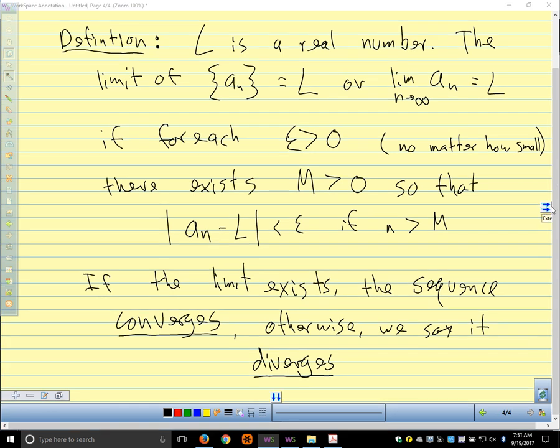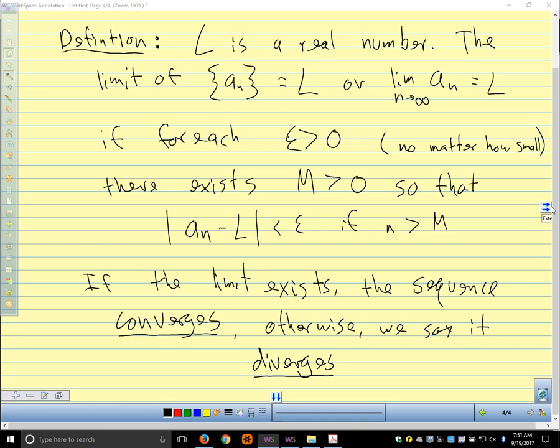And I'll draw a picture here in just a second, but I just want to talk about what this definition tells us. This definition tells us that eventually, when n gets really large, the distance between each term and the limit gets really, really small, because epsilon can be as small as we want. That's what the definition tells us.